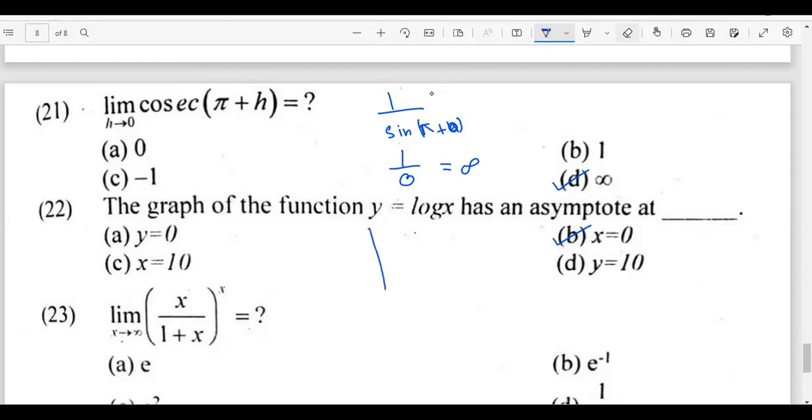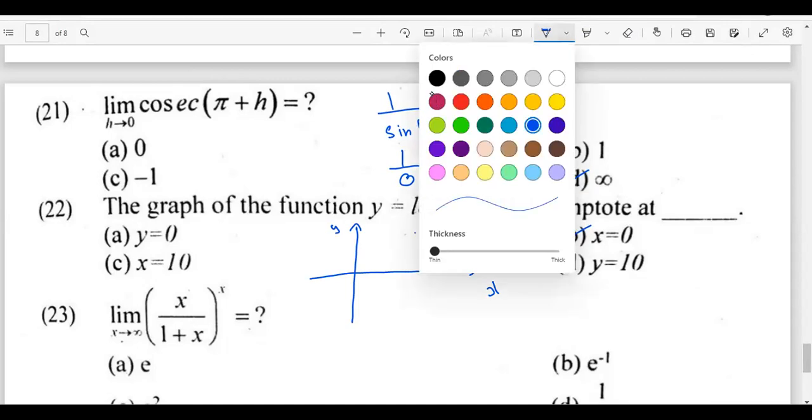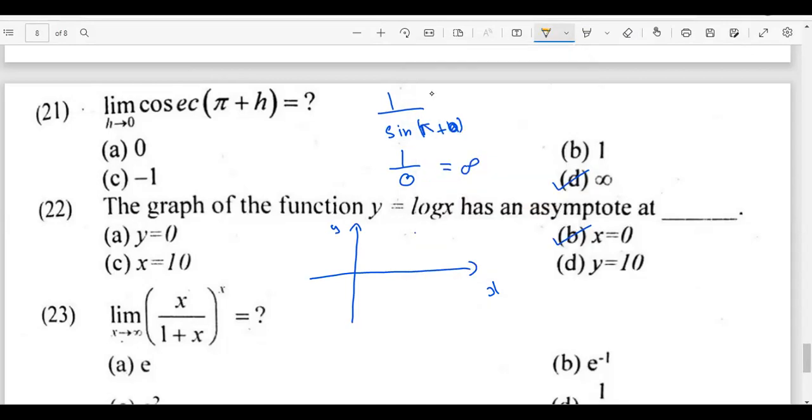For this, we should know some basic plotting. Okay. This is the y-axis and then this is the x-axis. I'll make the graph of log of x. So it is something of this type. Now you can use your calculator and check what is the value of log when x is 0. So just do log 0.